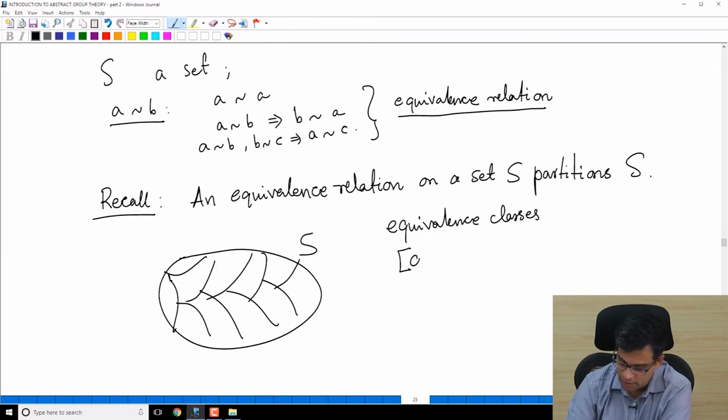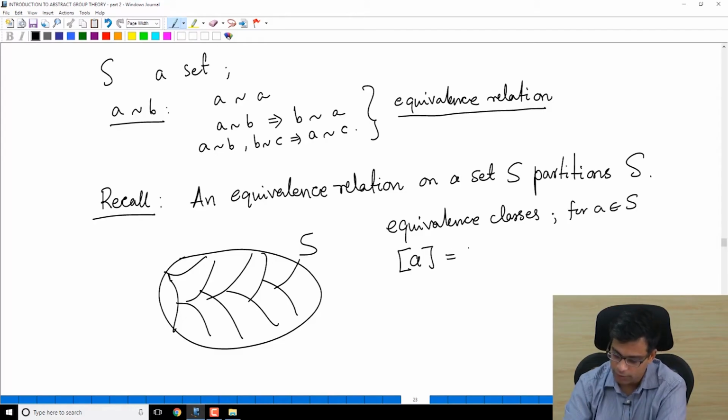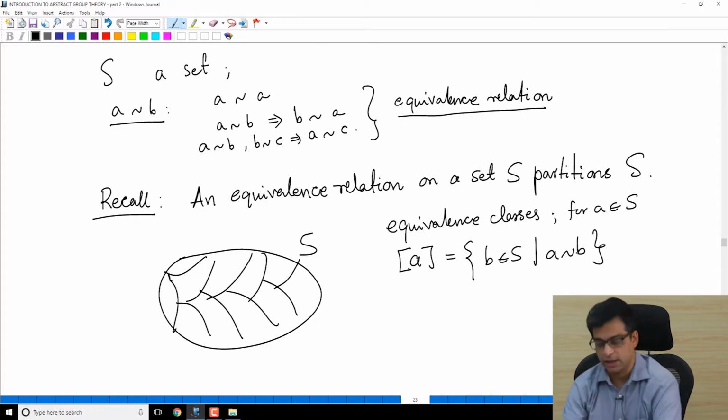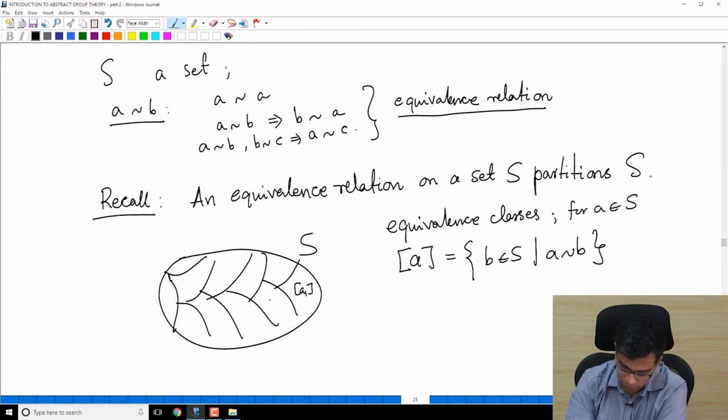If you fix A in S, the equivalence class is all elements B in S which are equivalent to A. Whether A is related to B or B is related to A is not important because of the symmetric property of an equivalence relation. So these are the equivalence classes. So you have A1, A2, A3 and so on.